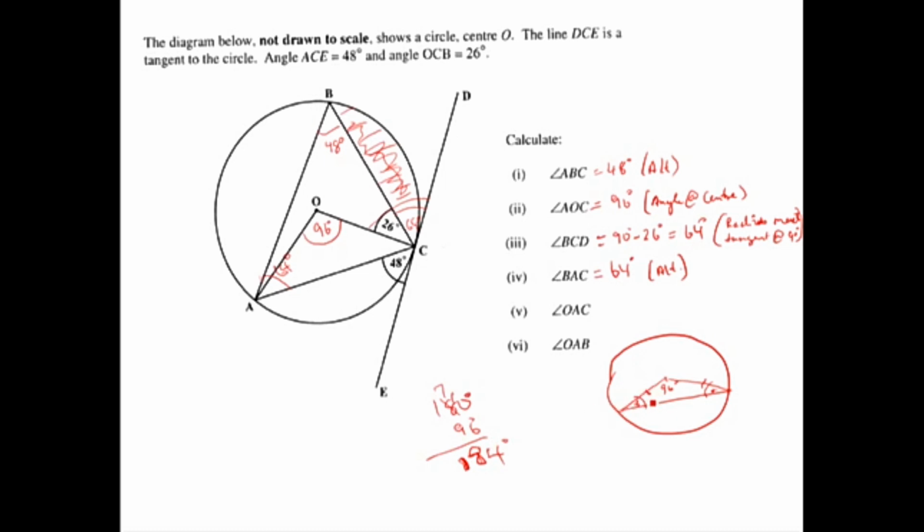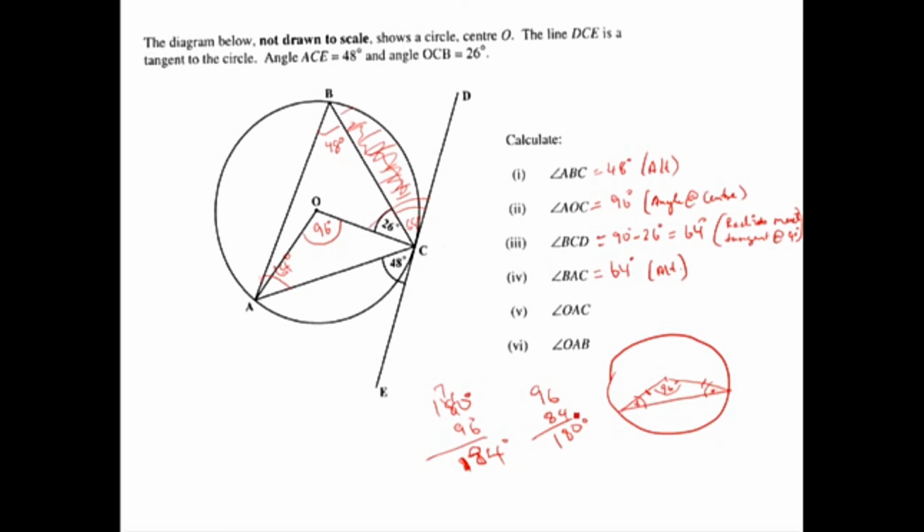So these two angles must add up to 84 degrees, because this is 96 degrees. To get 180, we have to add 84 to 96, and that will give us our 180 degrees.